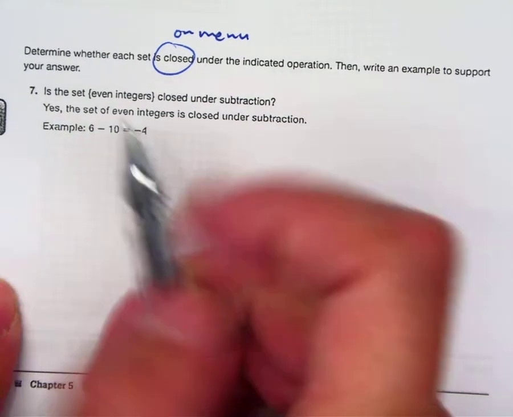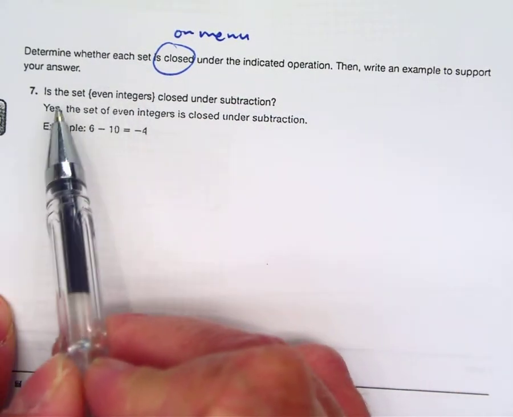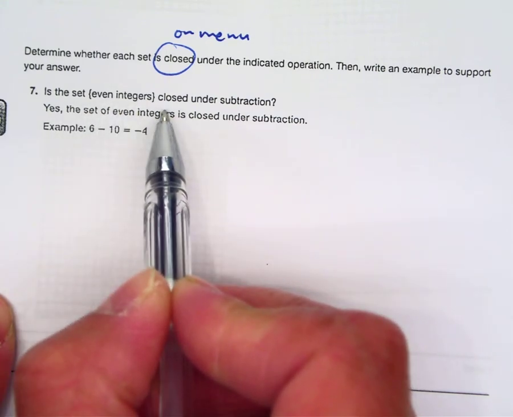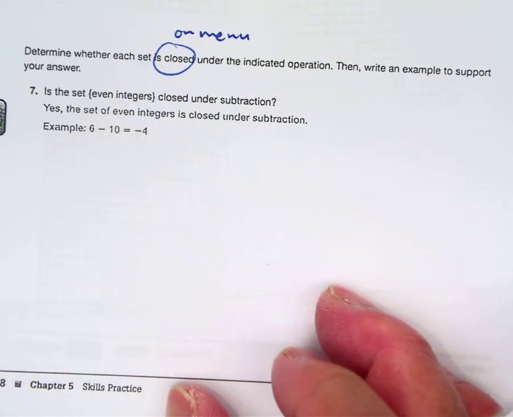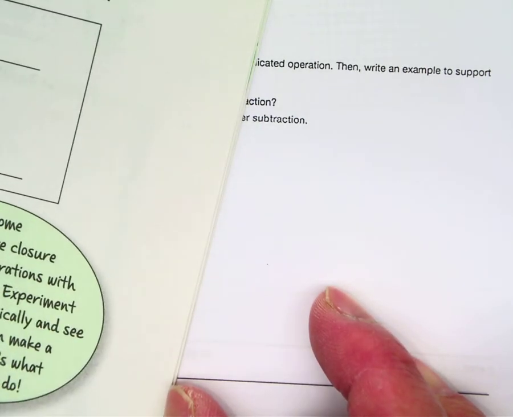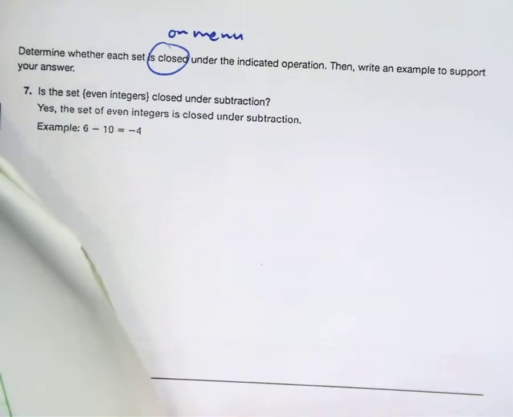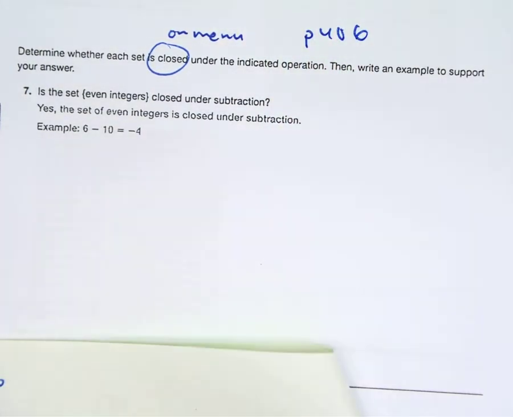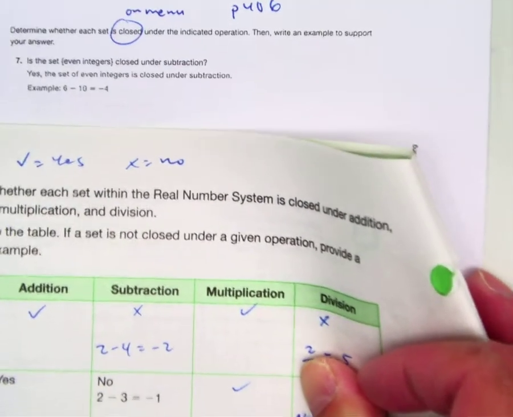So to help you answer these questions, here's the clue. It says, is the set of even integers closed under subtraction? So you're like, Mr. Ing, I'm not sure what even integers are. So you look back at your packet, and on page 406, it actually tells you if you forget what an integer is.